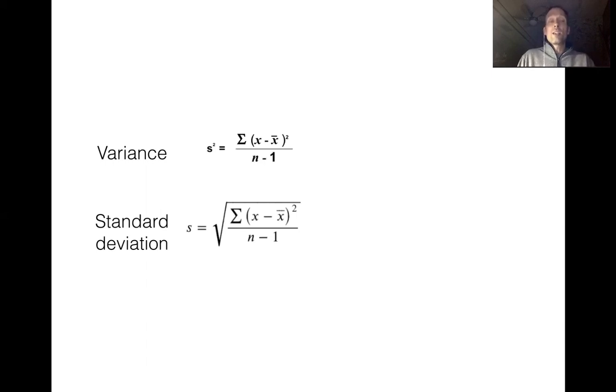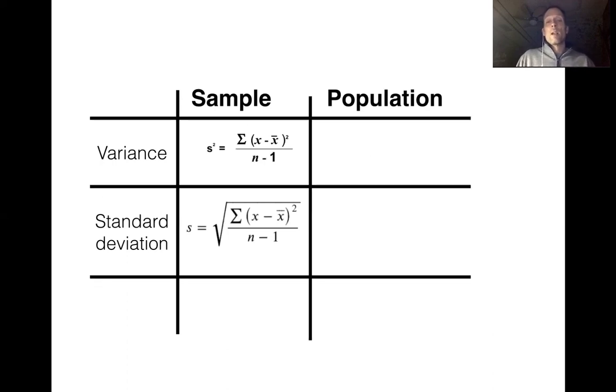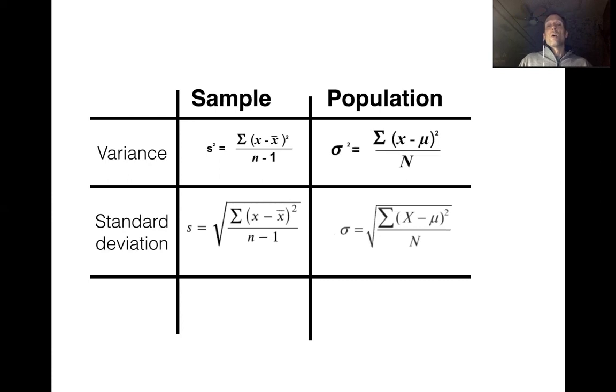First, let's take a look at what the formulas look like for population variance and population standard deviation. The ones we were using were for samples. Now, when we're looking at a population, we'll notice inside of our formula that we don't have an X bar any longer because we're going over to population symbols. So we're going to have a mu. On the denominator, we don't have that fudge factor anymore.